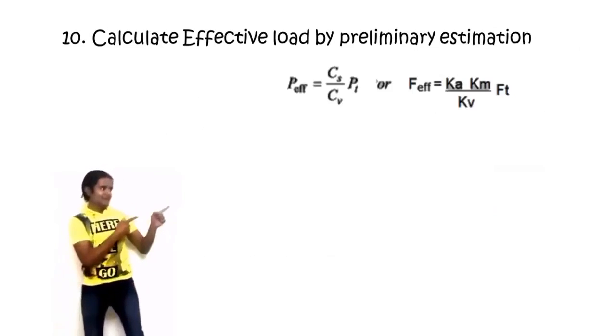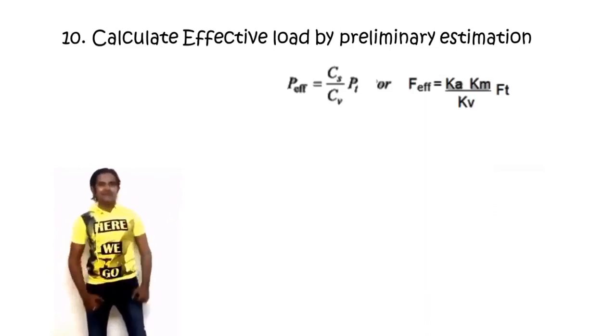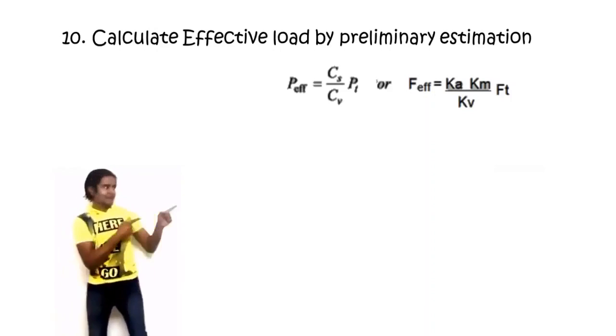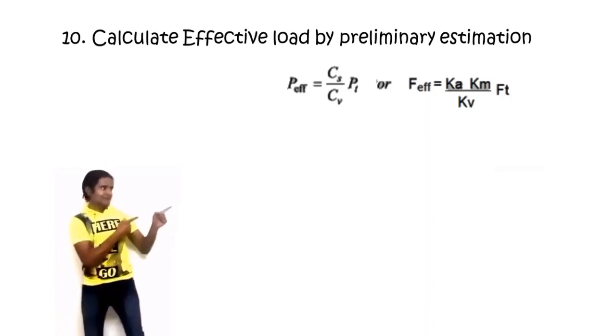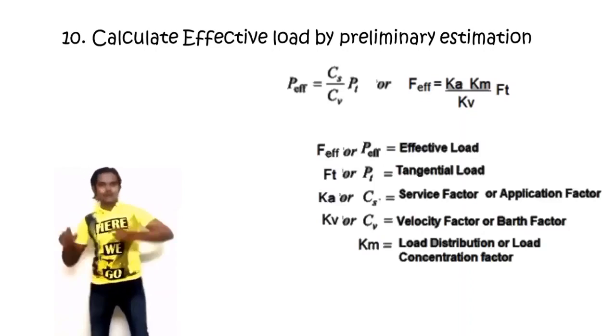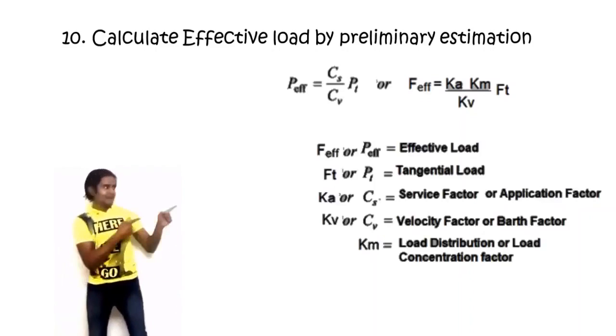Now the 10th step is to calculate the effective load, P effective or F effective. In some books it is P effective, in some books it is F effective. In the Bhandari design data book it is given as P effective. P effective is CS upon CV into PT. Now this is a preliminary estimation. In the 10th step we are doing a preliminary estimation of the effective load, where P effective or F effective is the effective load.